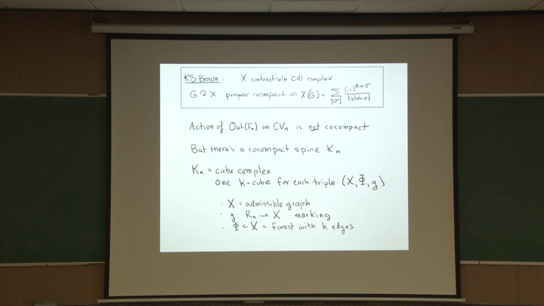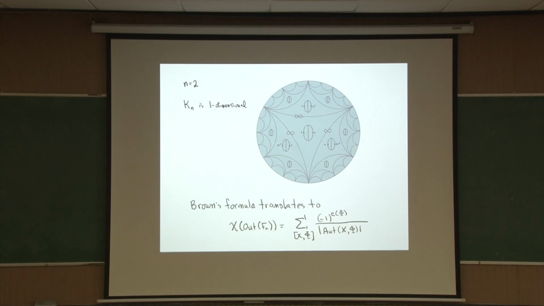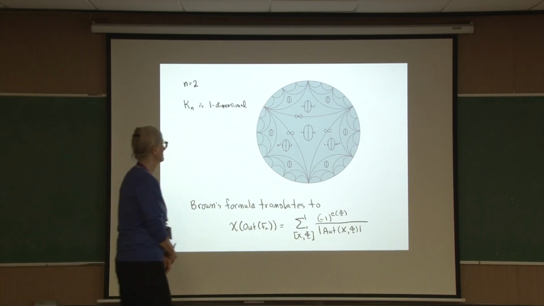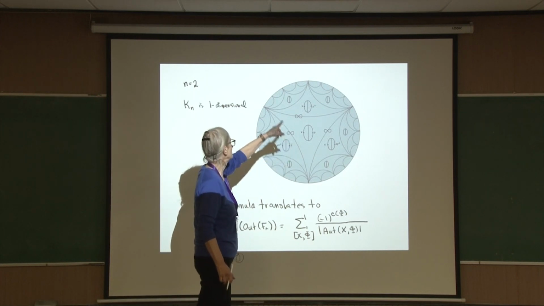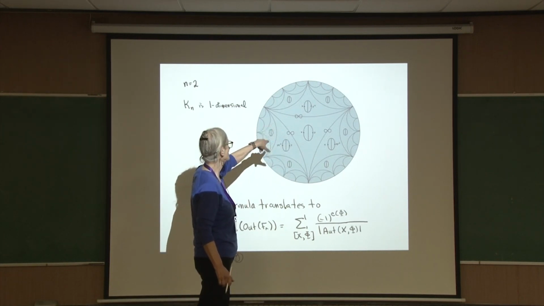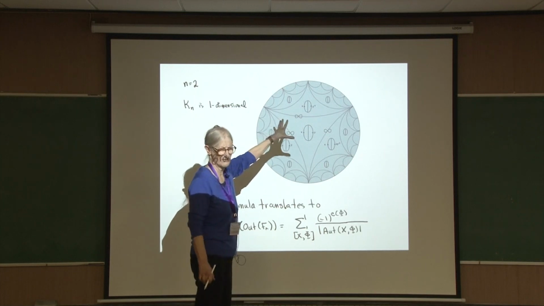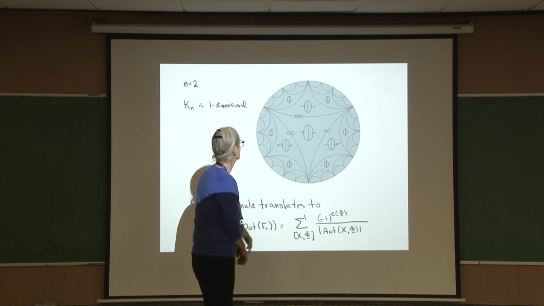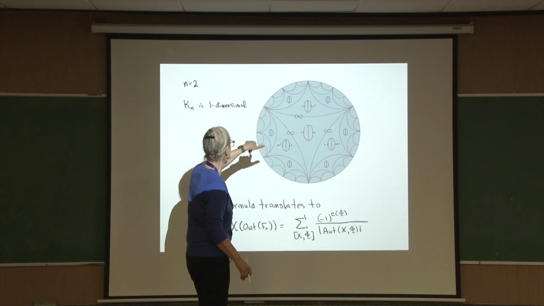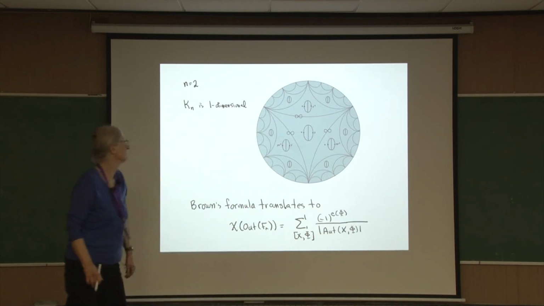So let me show you how that works for n equals 2. This is a picture of all of outer space. The little symbols on the edges tell you what the isomorphism is that defines the point in the middle of each simplex.